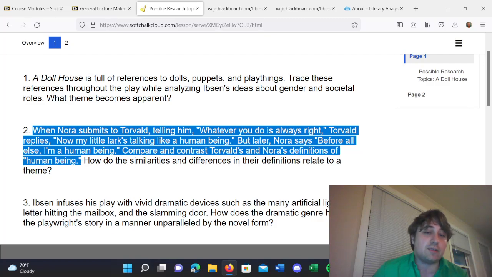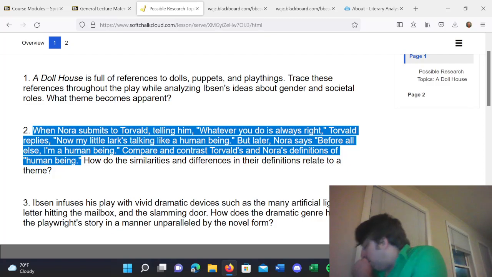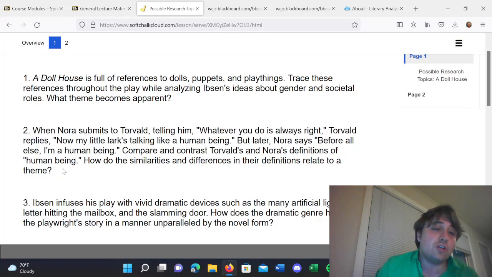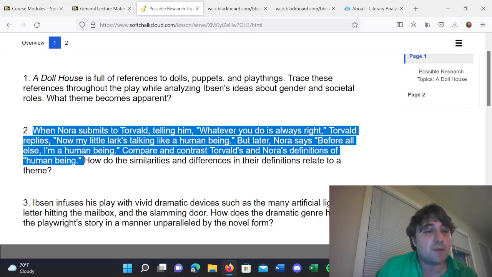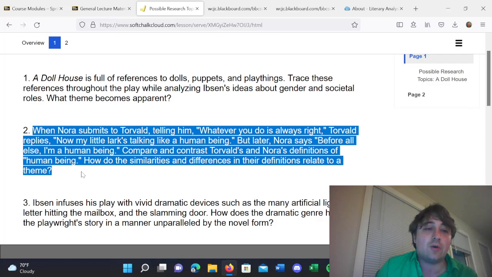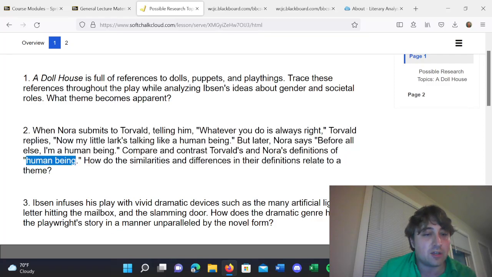How do the similarities and differences in definitions relate to the theme? Okay, so you could look for quotes like this in the play and compare and contrast quotes and question how those give different senses of an overarching theme. In this case, the theme of what it means to be a human being.